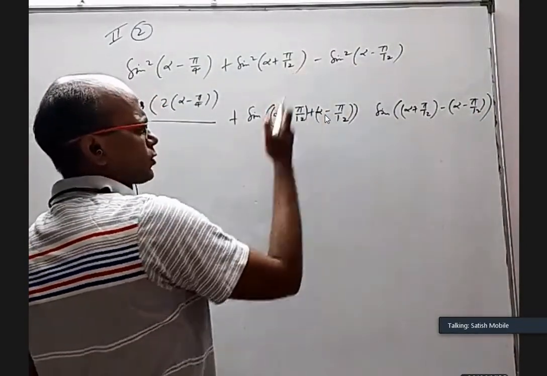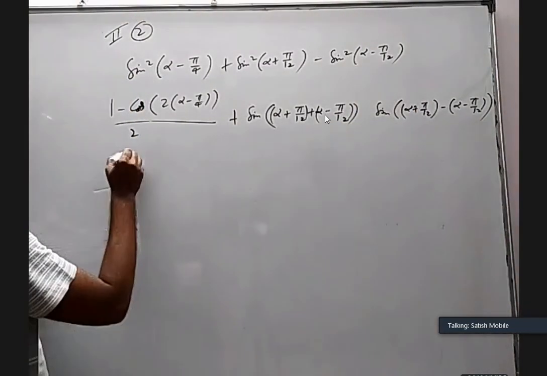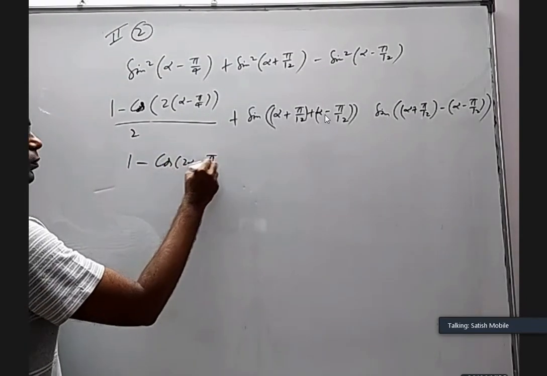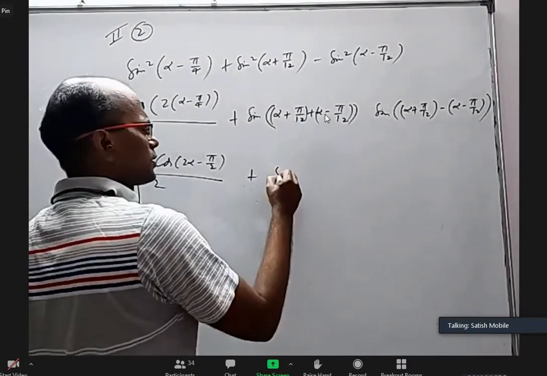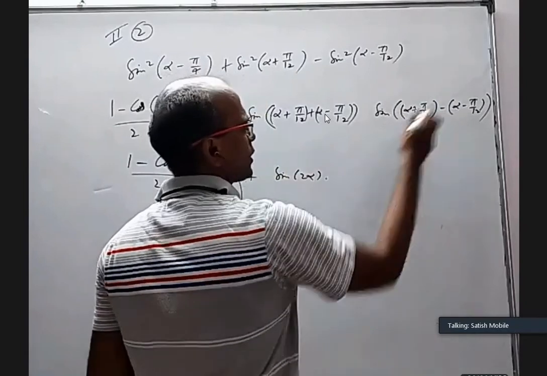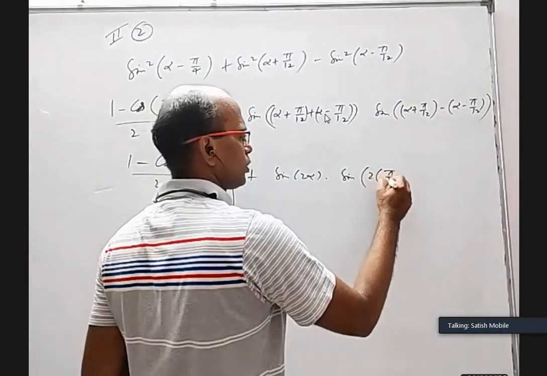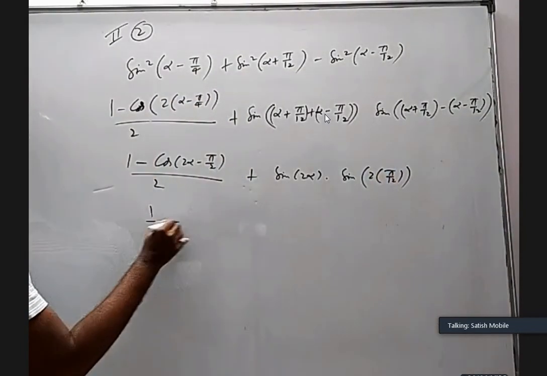For the first term, sin square theta is 1 minus cos 2 theta by 2. If I take this 2 inside, you will get 2 alpha minus pi by 2 by 2. And this cancels, so I will get sin 2 alpha. And if I cancel alpha here, I will get sin 2 times pi by 12, which is pi by 6. This is 1 by 2.